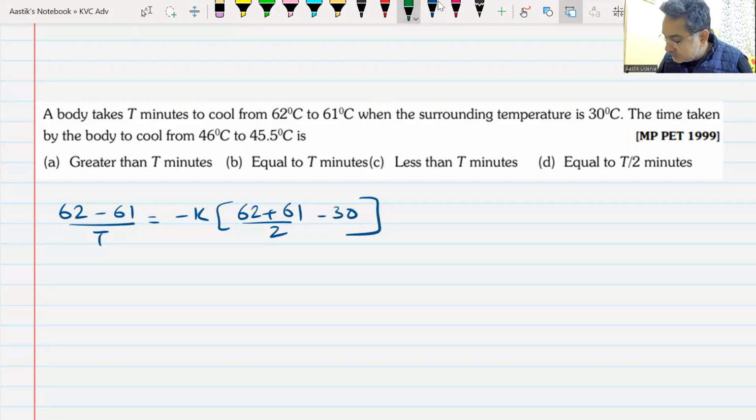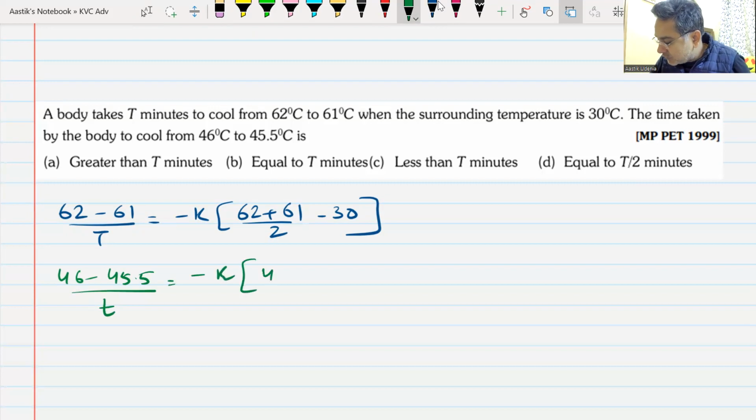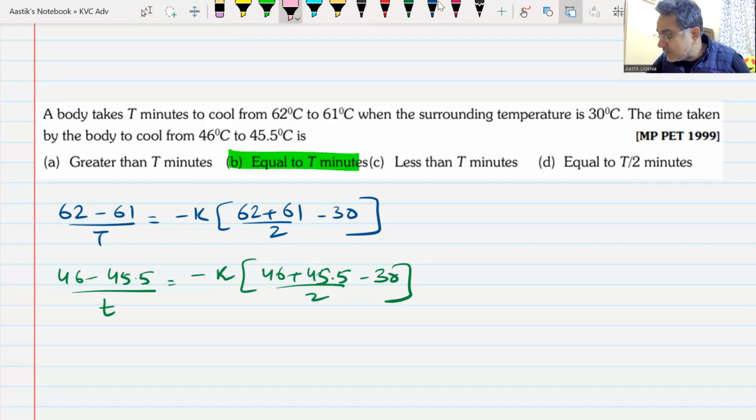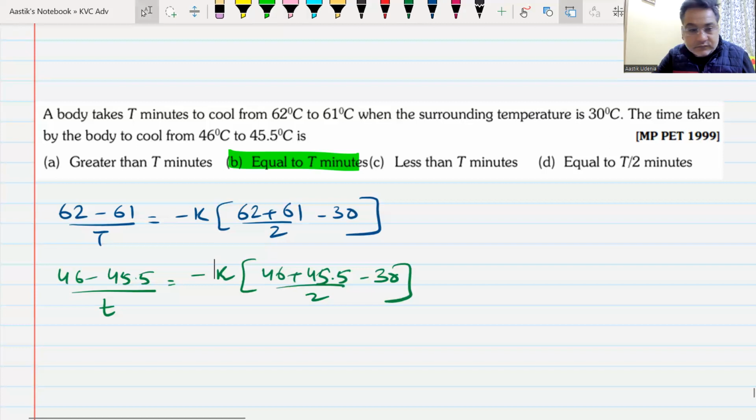In the second case, 46 minus 45.5 divided by small t will be equal to minus K times (46 plus 45.5) divided by 2 minus 30. You will have to solve these two equations and get the answer. The answer given in the book is T. So I hope you are getting the same answer. Do you understand this? Yes or no? Just apply the same equation.